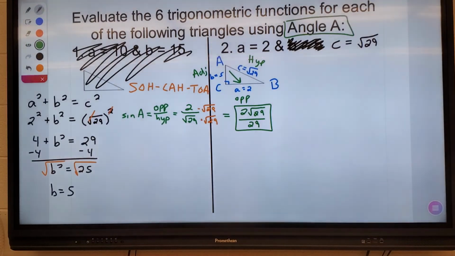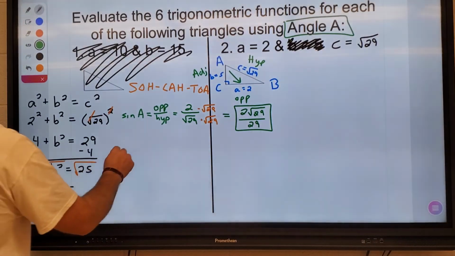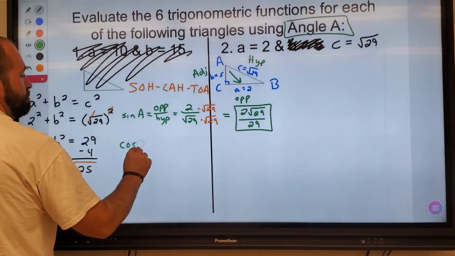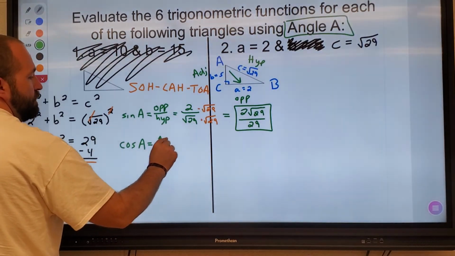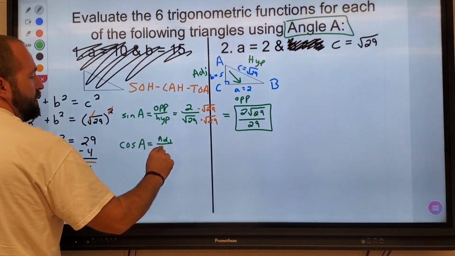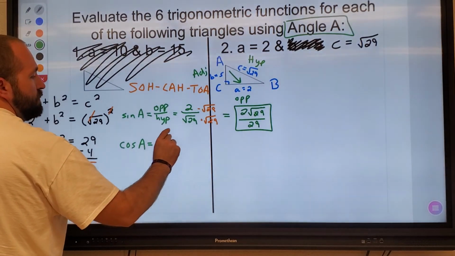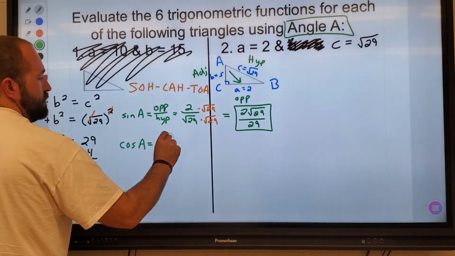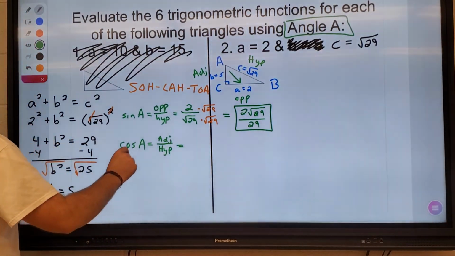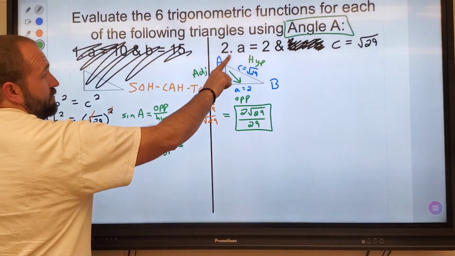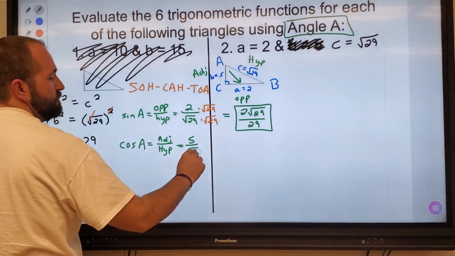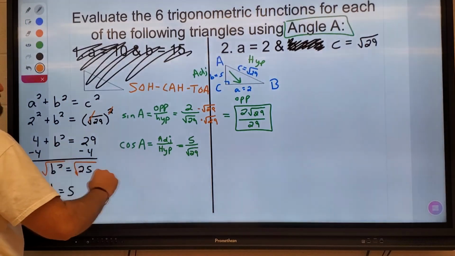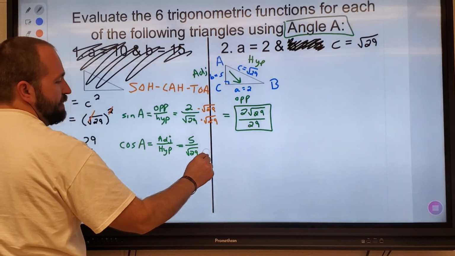Moving on then to cosine. Cosine of A was the adjacent divided by the hypotenuse. Which is 5 over the square root of 29. Again, I need to rationalize the denominator.